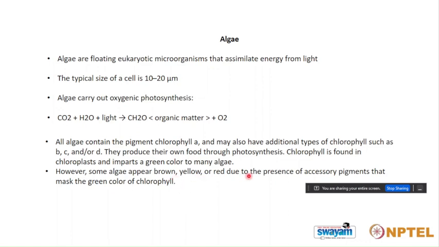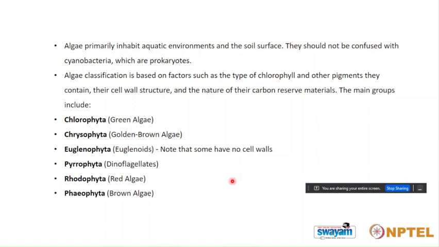Along with chlorophyll, some other pigments will also be present, which bring the different colors to the algae. Mostly we can find algae in aquatic environments and on the soil surface.